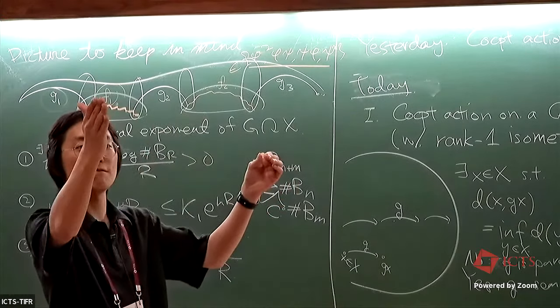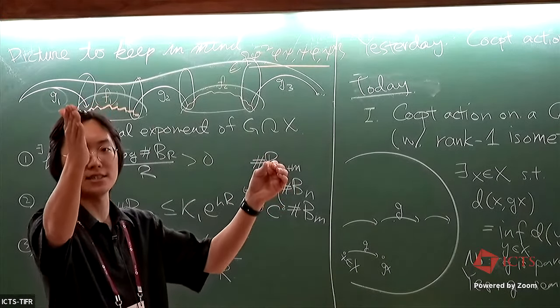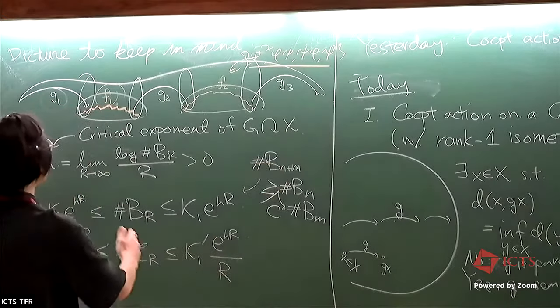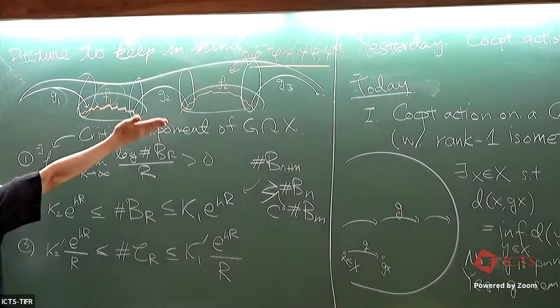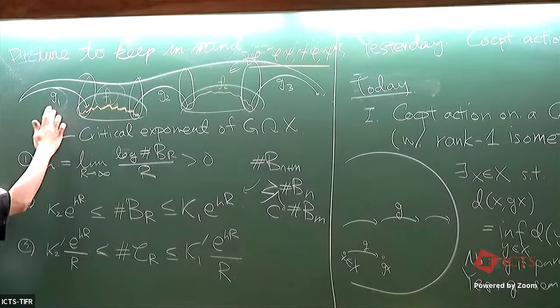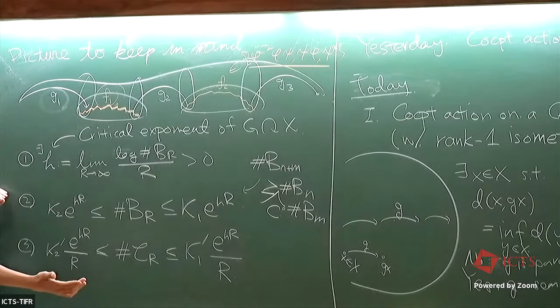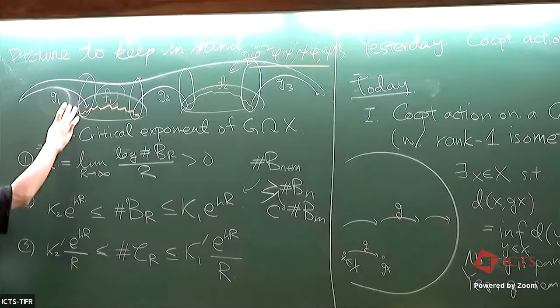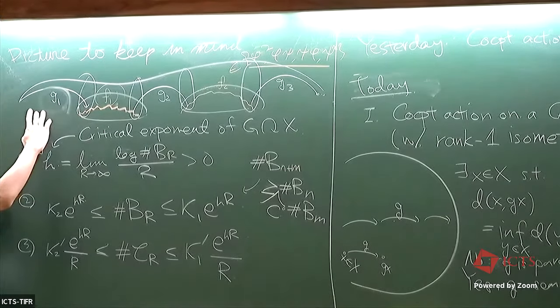You can have progress through flats. For example, in the course of the argument, we pick G1 from just a ball of radius R. Inside there could be some group element that's progressing only through the flats, right? So G1 might not be strongly contracting in the argument.